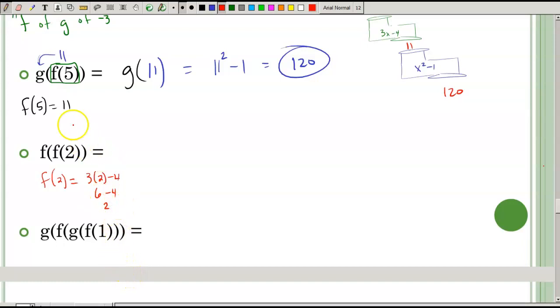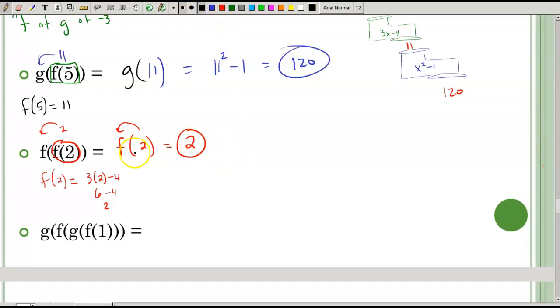So f of 2 is 2. Now if I take that and plug it into my function to the left, what is f of 2? Well, if I take 2 and plug it into the same function again, of course that's going to give me 2 again, because that's not going to change. So my answer is going to be 2.